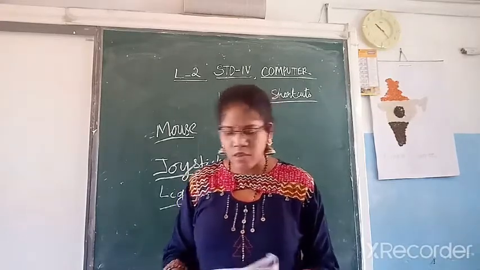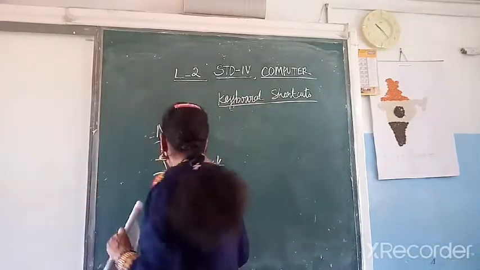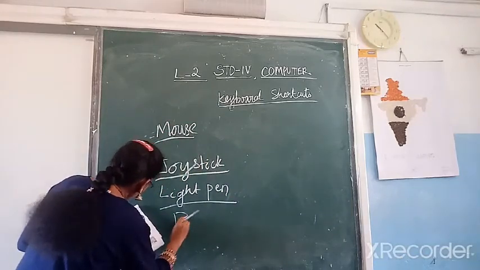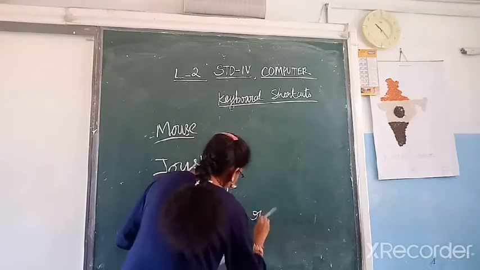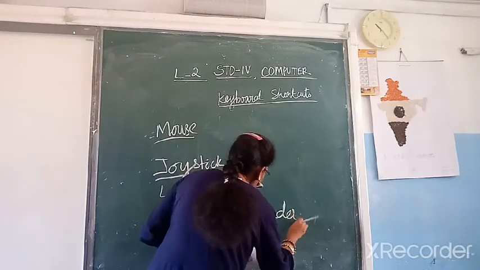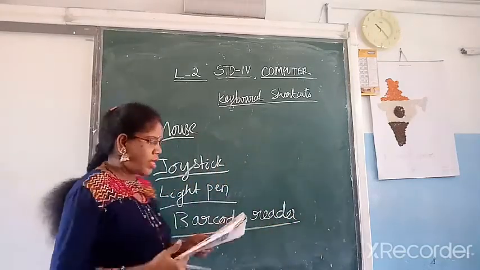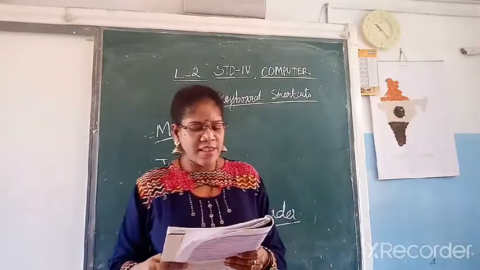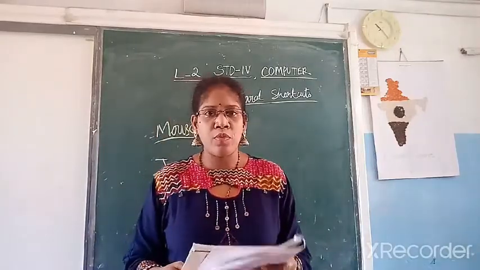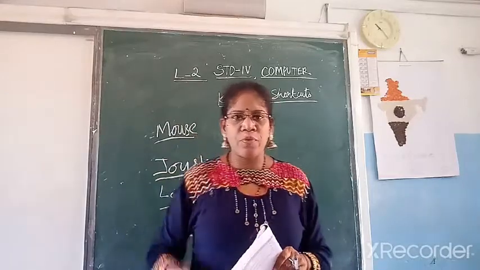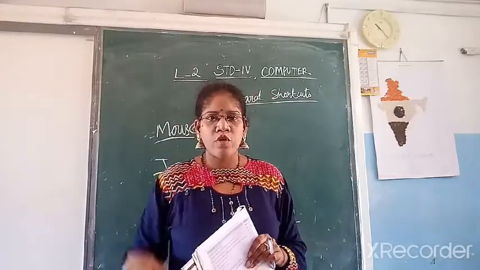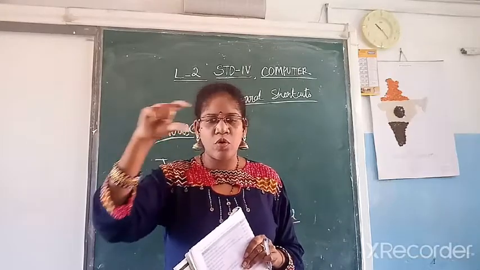The next one is the barcode reader. It is also a pointing device. This is an input device that can read barcodes. Sometimes when you bring something from a shop, you might have seen a barcode on the label.